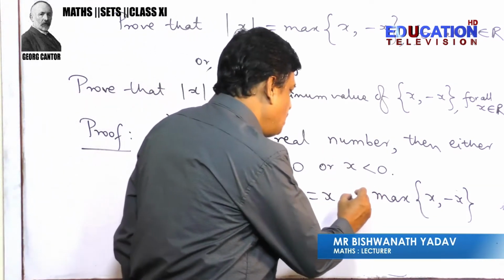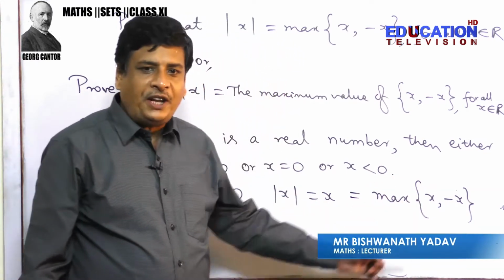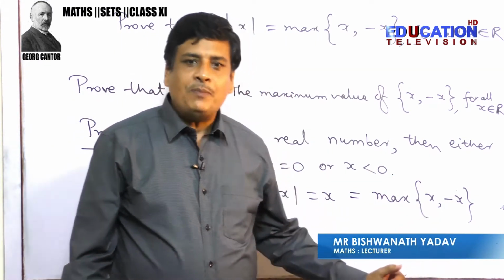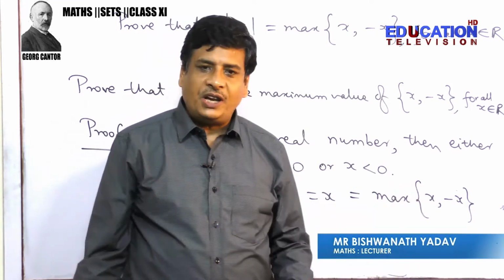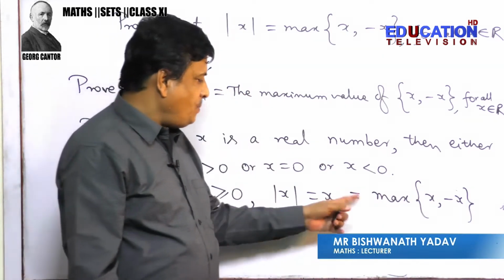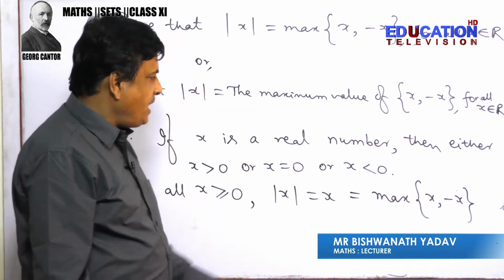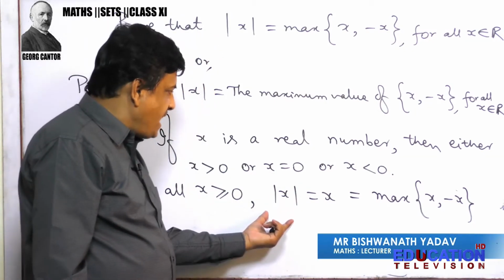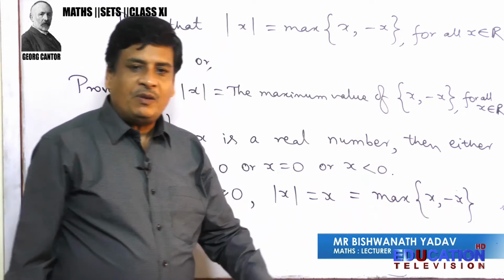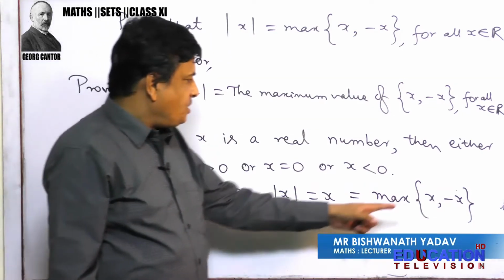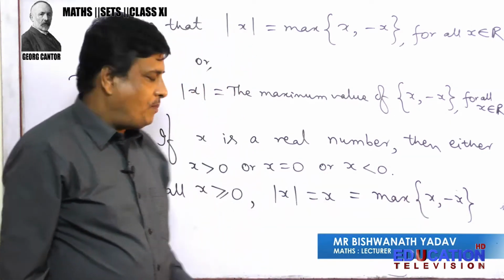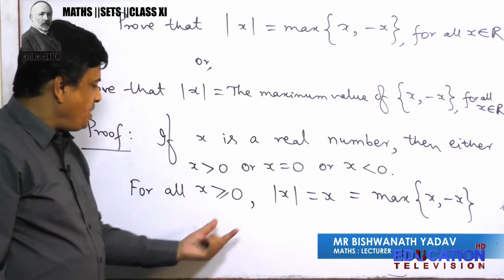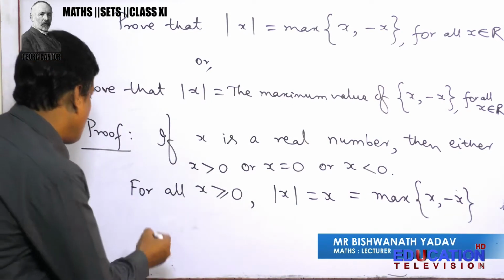If it is 0, then 0 and minus 0 will be the same. So the maximum element in that case will be x, whether x is greater than 0 or equal to 0. So modulus x is equal to the maximum value of the set containing these two elements x and minus x in case x is greater or equal to 0.